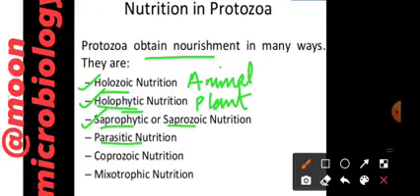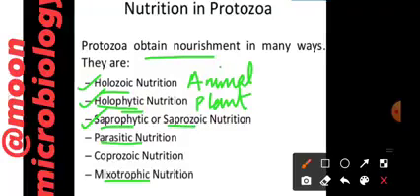Another term is mixotrophic. Mixotrophic means they have a dual nutrition type. Simply put, when light is present in the daytime, they perform photosynthesis, while in the dark at night they switch to saprophytic nutrition, obtaining nutrients from dead and decaying material.